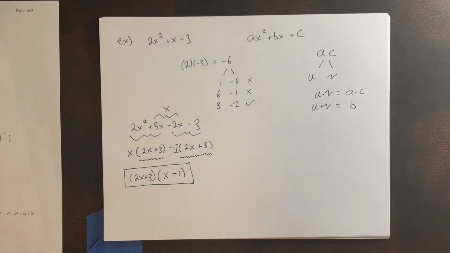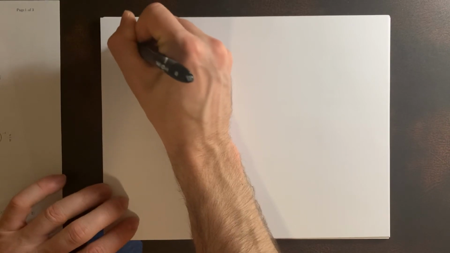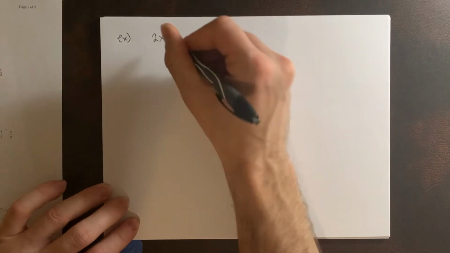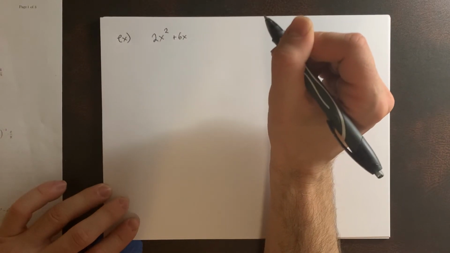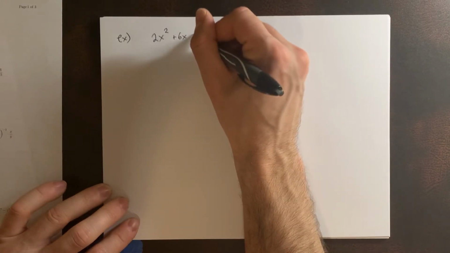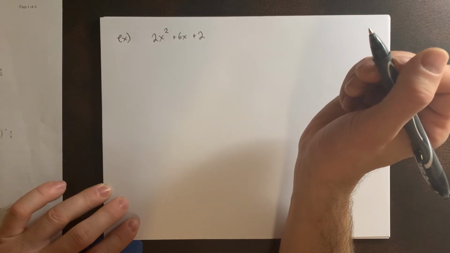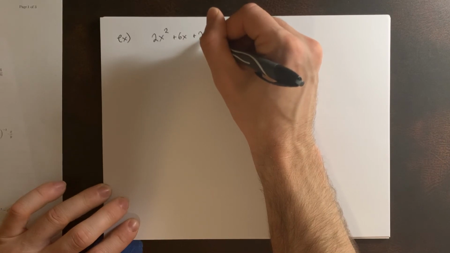Okay, let's do some more examples. So let's factor 2x squared plus 6x plus... oh, sorry, no, let's make this a, here, one second.